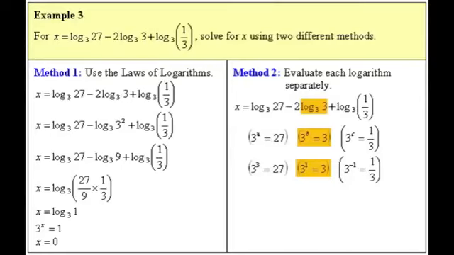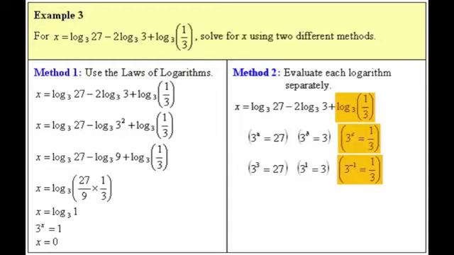Next, I'm going to look at log base 3 of 3. If I make that equal to b, then my question becomes in its exponential form, 3 to the b is equal to 3, and therefore b must be equal to 1. So we can now conclude that log base 3 of 3 is 1. And finally, we're going to evaluate log base 3 of 1/3.